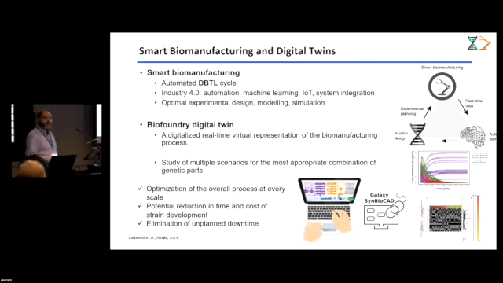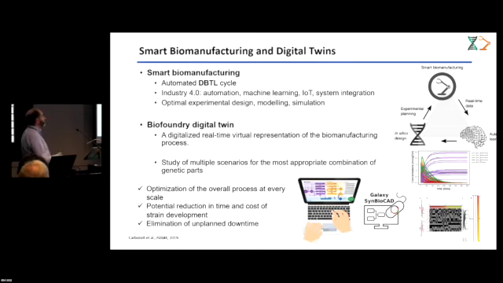smart biomanufacturing. Usually, you have probably heard about smart manufacturing, which is something that you heard from the car industry, or from the electronics industry, but we can also think about it for biomanufacturing.